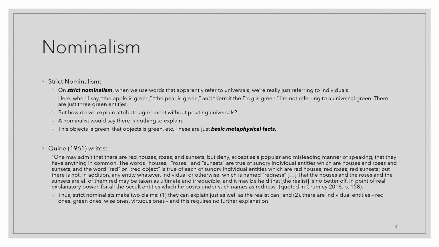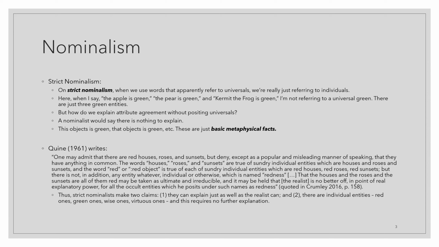The words houses, roses, and sunsets are true of sundry individual entities, which are houses and roses and sunsets, and the word red or red object is true of each of sundry individual entities, which are red houses, red roses, and red sunsets. But there is not, in addition, any entity whatever, individual or otherwise, which is named redness.